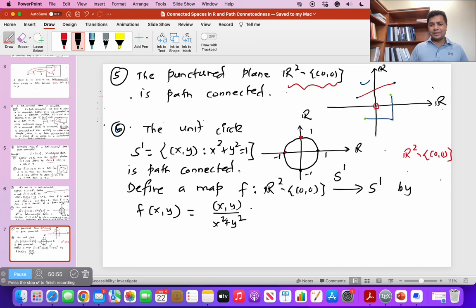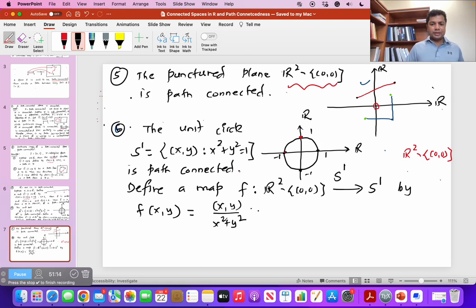If we define this map like this, then you can see that this point is going to be on the unit circle. If you find the distance of that point from (0, 0), it is going to be 1. That is why this point is in S1.